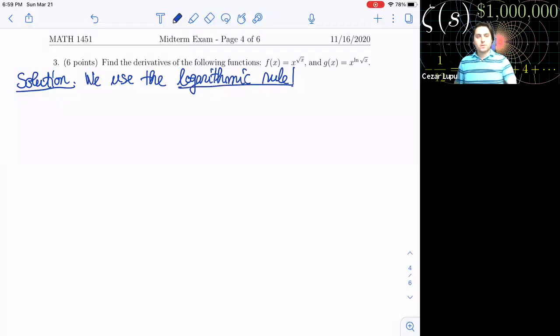Great. So what does this mean? We have seen plenty of examples in class. So let's look at the first one.